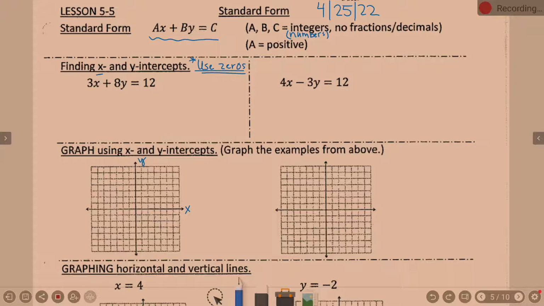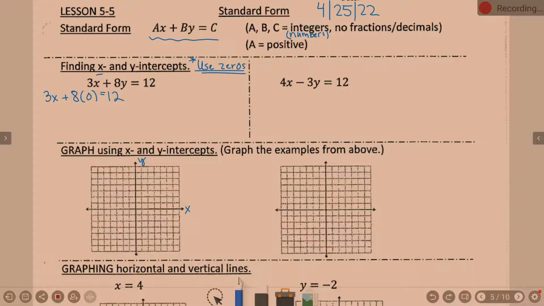So are we following along? If I replace y with 0, I'm going to rewrite this as 3x plus 8 times, what did I say I wanted y to be? 0 equals 12. So in order to find the x-intercept, I put 0 in for y.